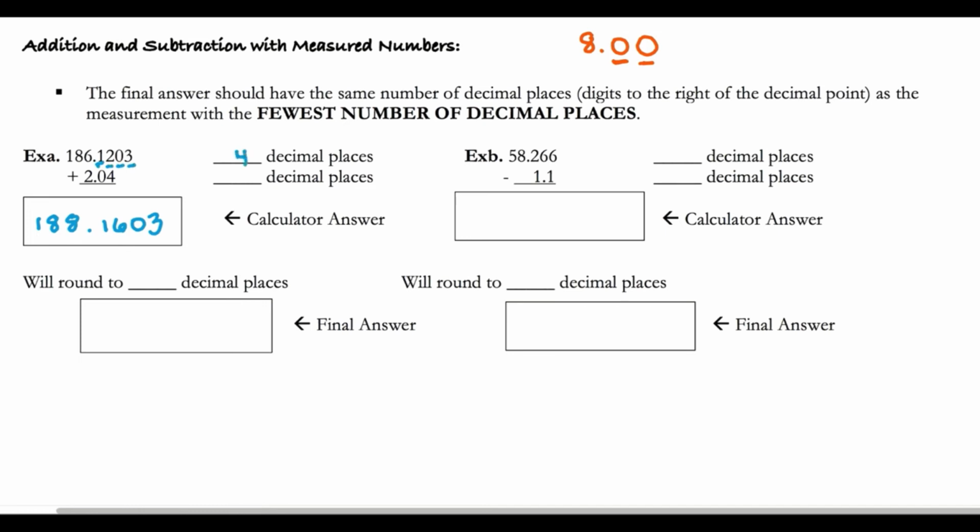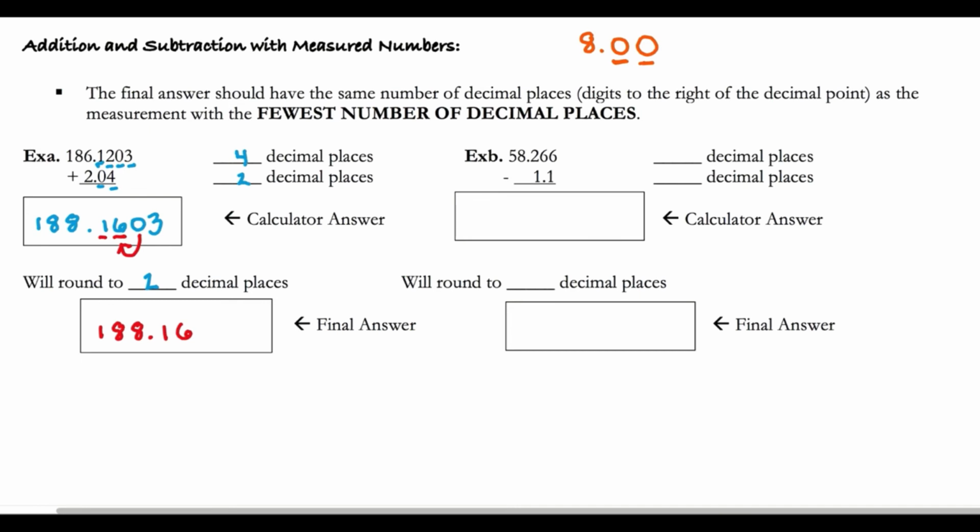For 2.04, there's 1, 2 decimal places, which means my final answer should only have 2 decimal places. The 0 does not round the 6 up, so my final answer is going to be 188.16, and that is my correctly rounded value based on the fewest number of decimal places.